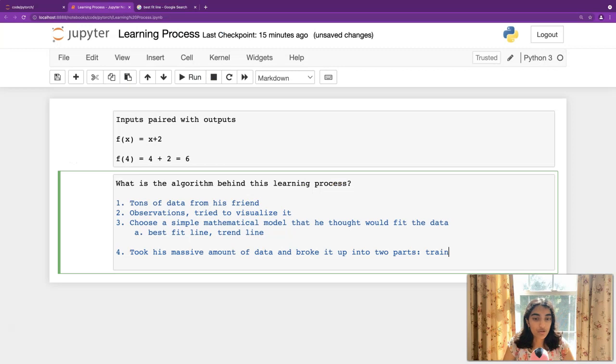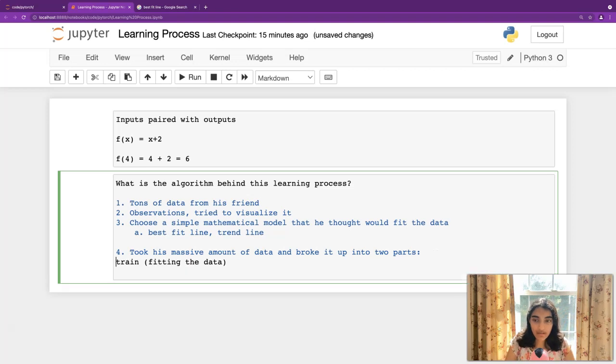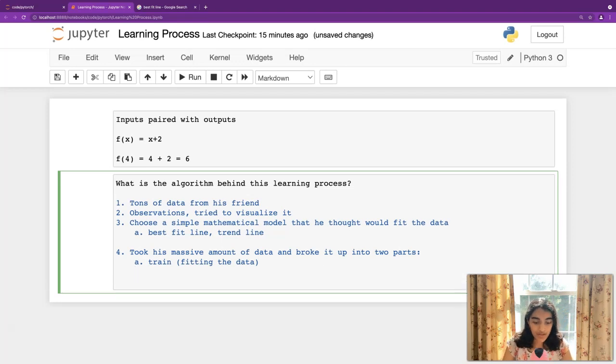One part is to train it, which is basically fitting the data, finding the trend. And one is for testing the data, making sure my model, representation, or trend that he thought it was is actually accurate.